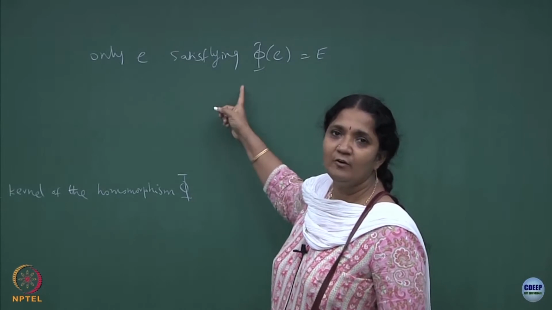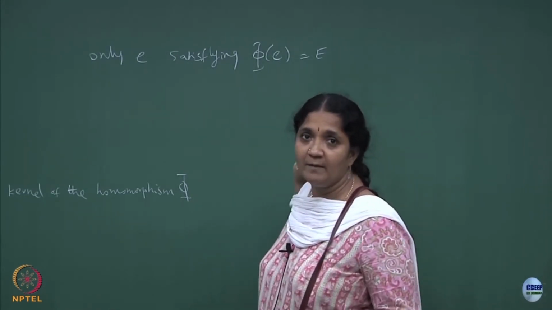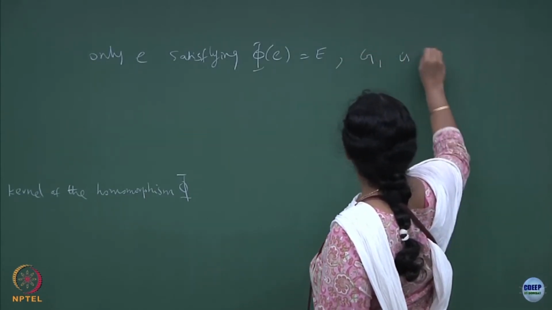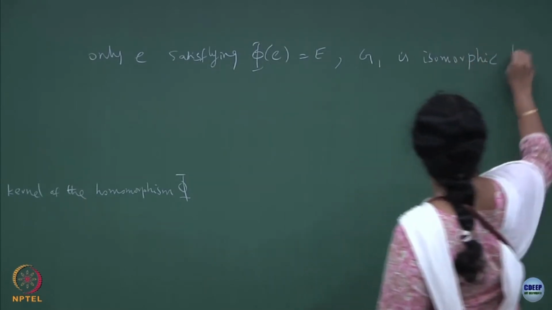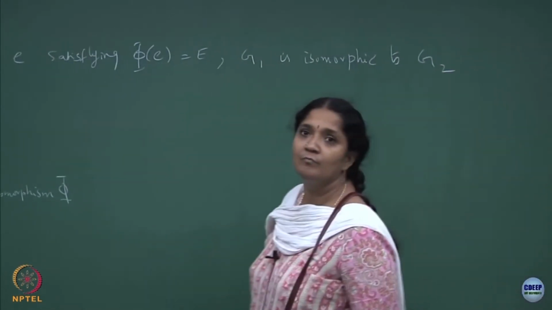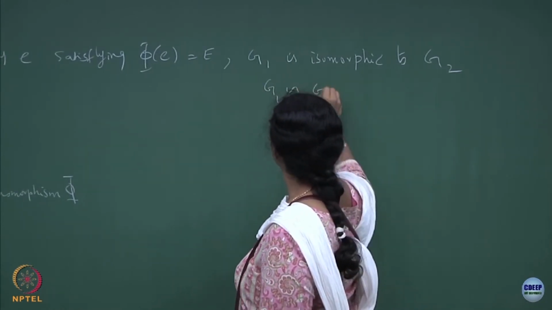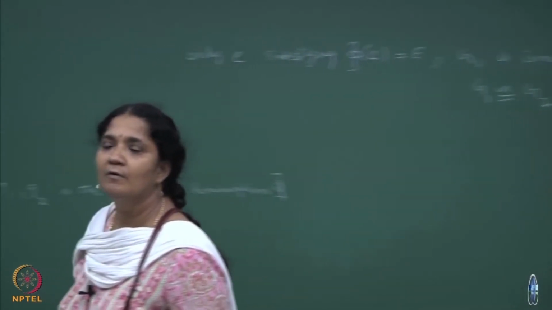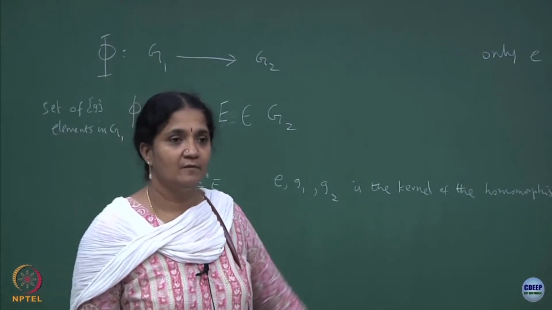If the identity of G1 is mapped to identity of G2 and no other element, then we say that G1 is isomorphic to G2, okay. So, this we formally write it as, fine, no other elements.